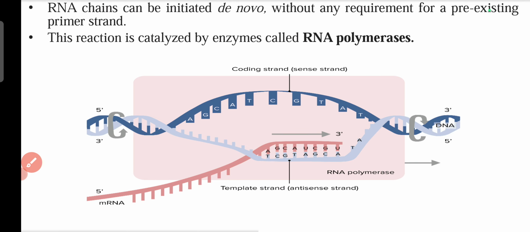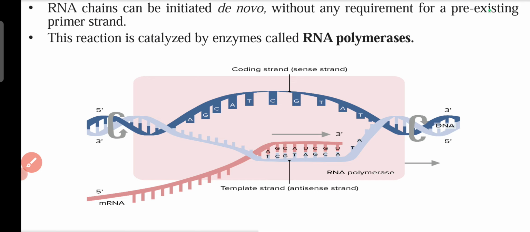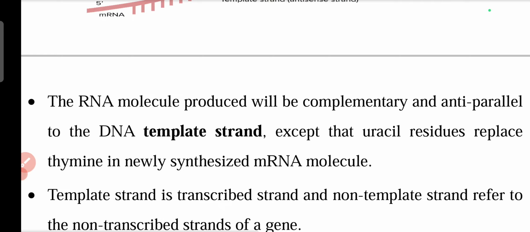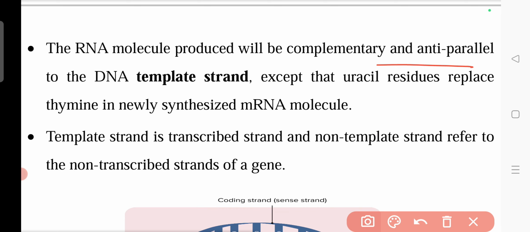In this reaction, we all know that RNA polymerases are the enzymes that catalyze the formation of this messenger RNA molecule. So these are the main enzymes. The RNA molecule which will be produced will be complementary and anti-parallel to the DNA template strand.